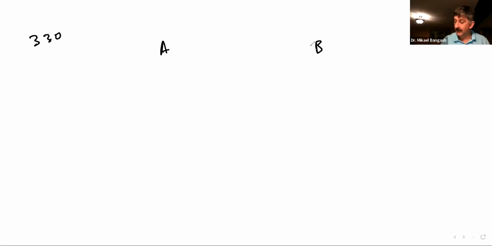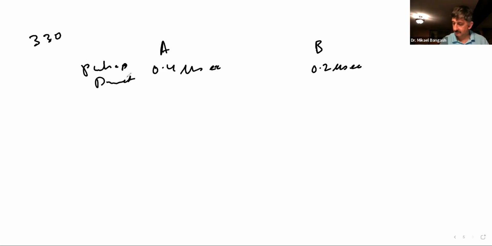One pulse is 0.4 microseconds and the other one is 0.2 microseconds. That's your pulse duration.